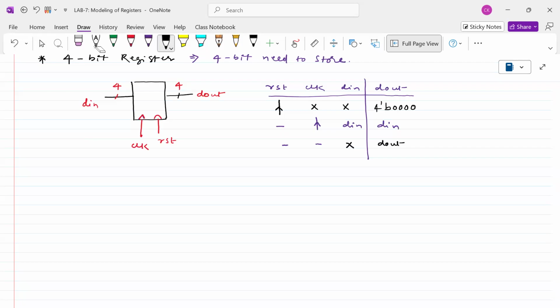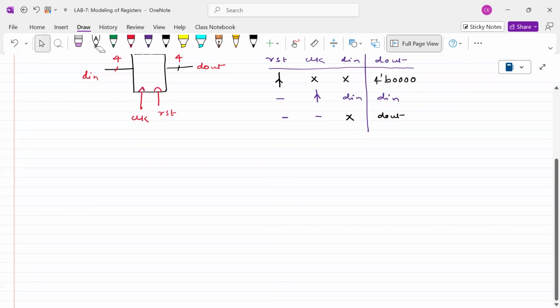This is similar to the D flip-flop that we have seen previously. The only difference is that instead of 1 bit for the data in signal, we have to take 4 bits. That's it. Therefore, it's very simple to write a Verilog program for this. Let us go and write this.